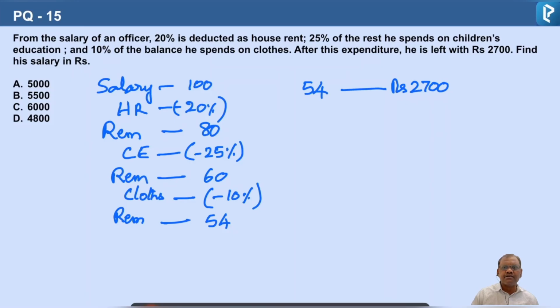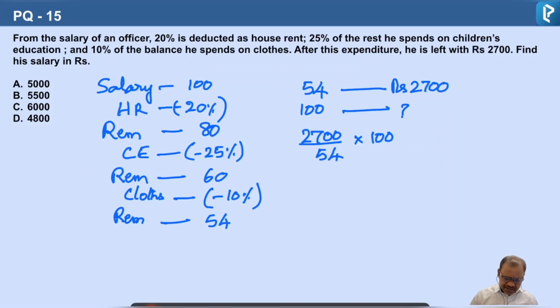So what we have to find out? Salary. How much is 100? If 54 is 2700, 100 is how much? So let us simplify. 2700 divide into 54 parts and multiply with 100 to find out 100 parts.